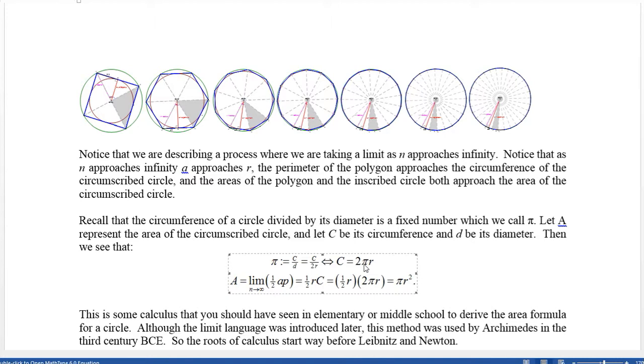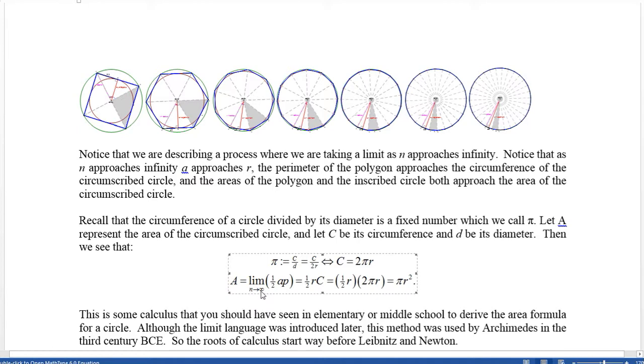Now, we see that the area, if A is the area of the circle on the outside, is the limit of the area of the polygon as n goes to infinity. The area of that polygon is 1/2 apothem times the perimeter.